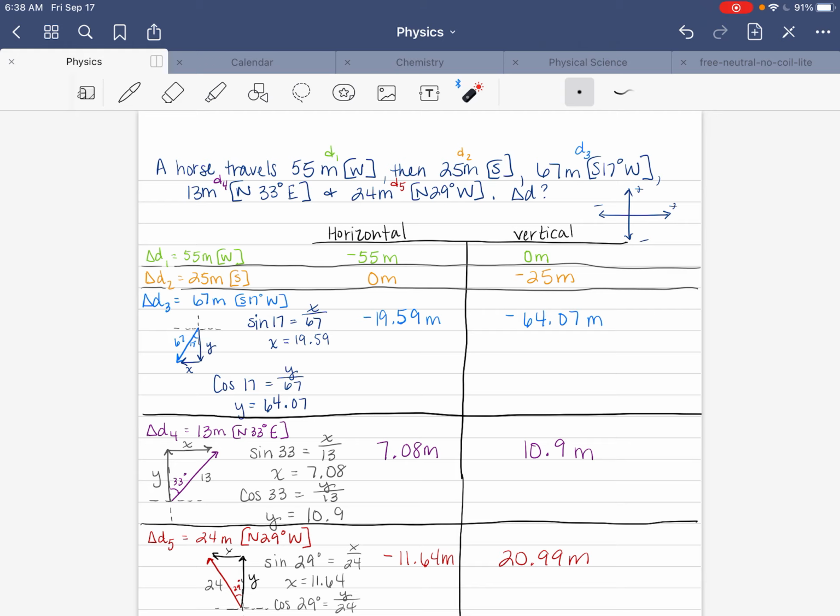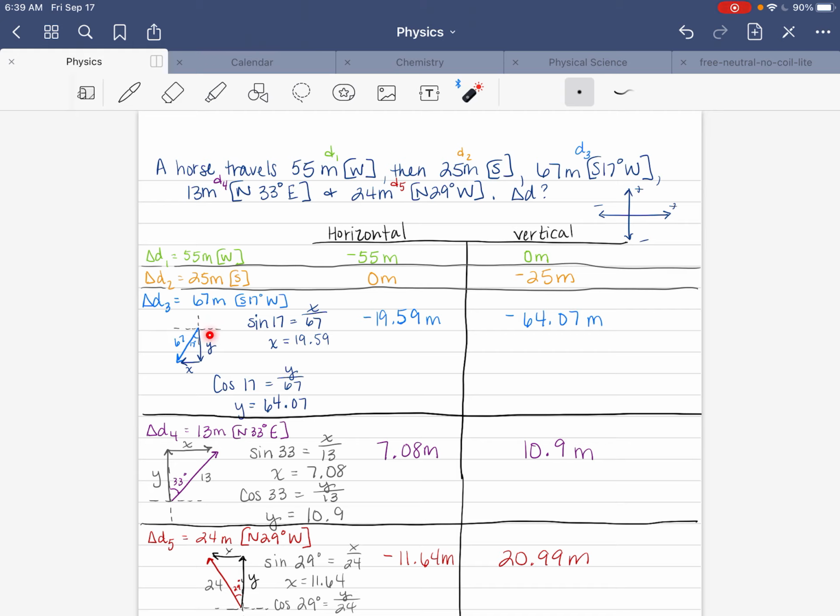For the next 3, we're given a vector that is not just in one direction, so we have to use the component method to break it up into its horizontal and vertical aspects. So I have 67 meters south, 17 degrees west. I drew my compass, and from the south border, I went to the west 17 degrees. So I drew in my vector here, put in my 17 degrees, and wrote down my hypotenuse.